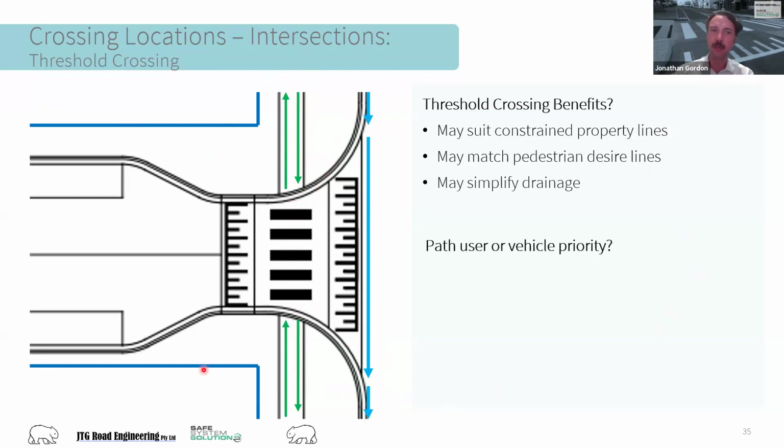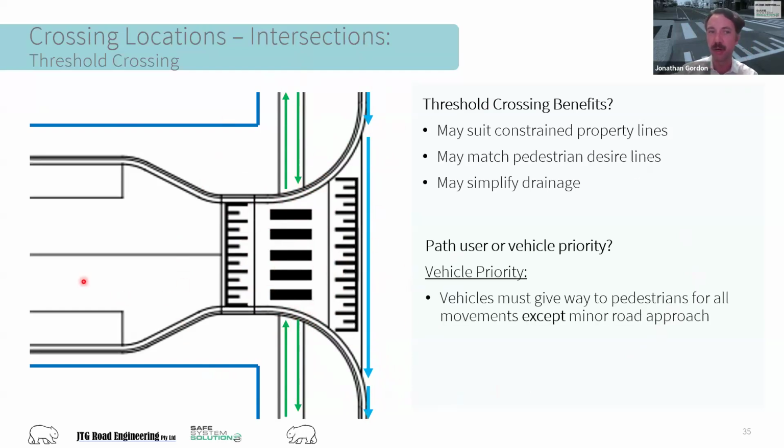And then hinting towards the road rule considerations, well, many people say if this was a wombat crossing or with the stripe, with the zebra markings, or if there was no markings, such as the example I used in that picture earlier, what's the real difference? And there's not a huge difference. So if it was vehicle priority, no wombat crossing, no zebra markings, then vehicles still need to give way to a pedestrian crossing here for all movements except one.